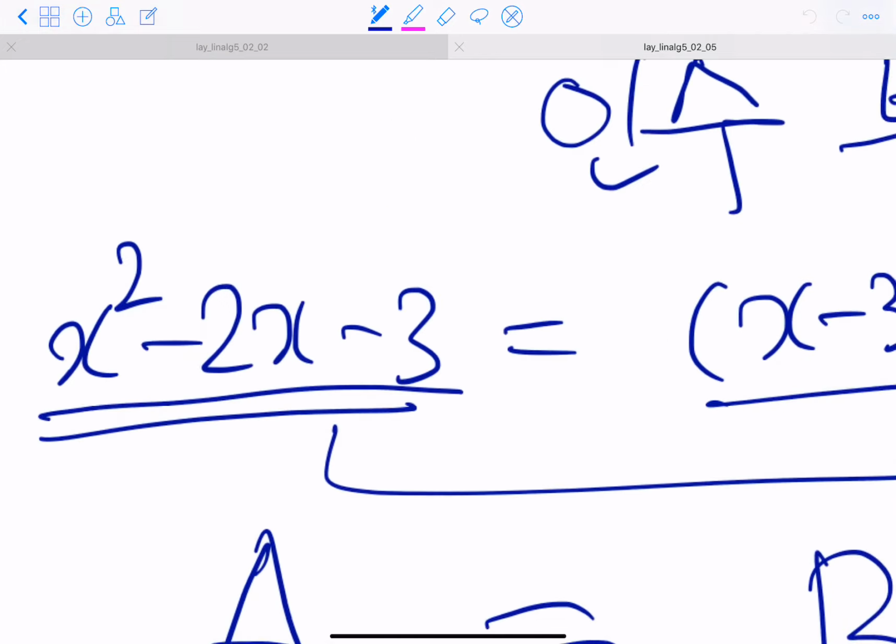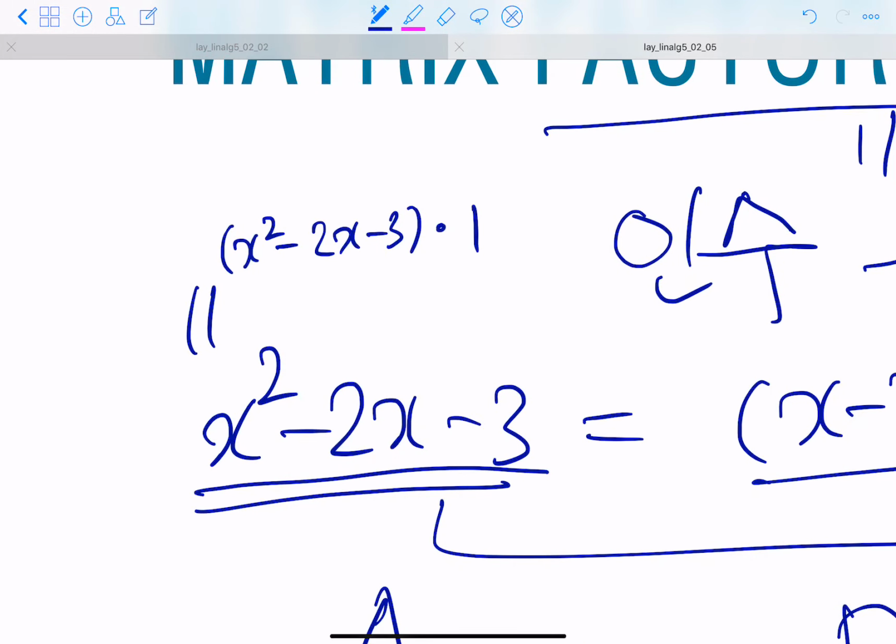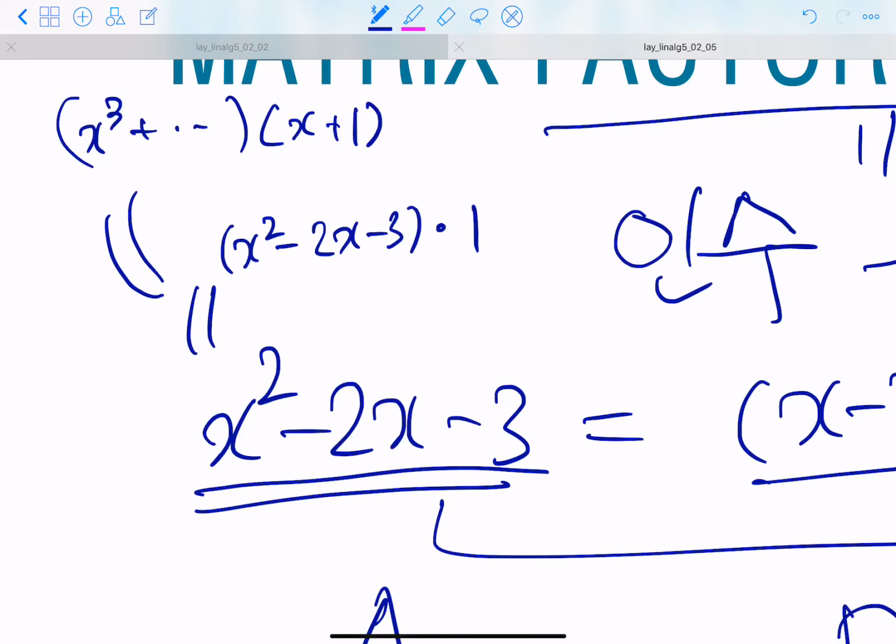So for example, let me just make a kind of trivial factorization: x squared times (x minus 3) times 1. So this can be viewed as a factorization, but this is really trivial, right? It makes no sense. Or maybe some third order polynomial times some first order polynomial inverse.